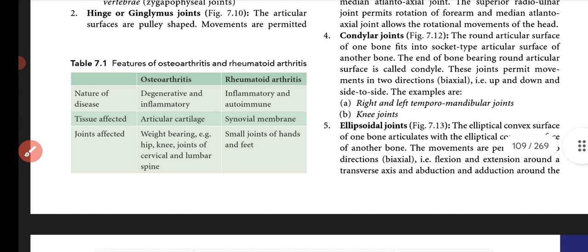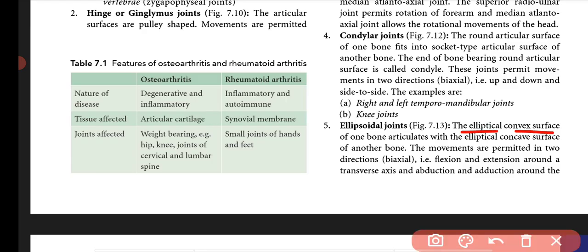And next one is number 5, ellipsoidal joints. The elliptical convex surface of one bone articulates with the elliptical concave surface of another bone. That's known as the ellipsoidal joint.